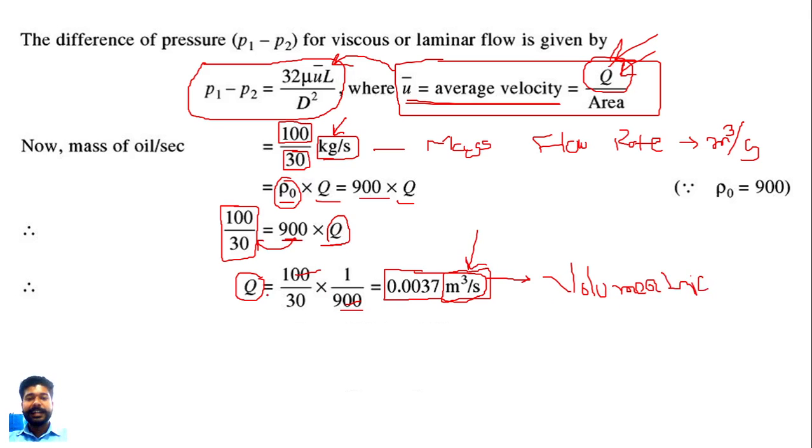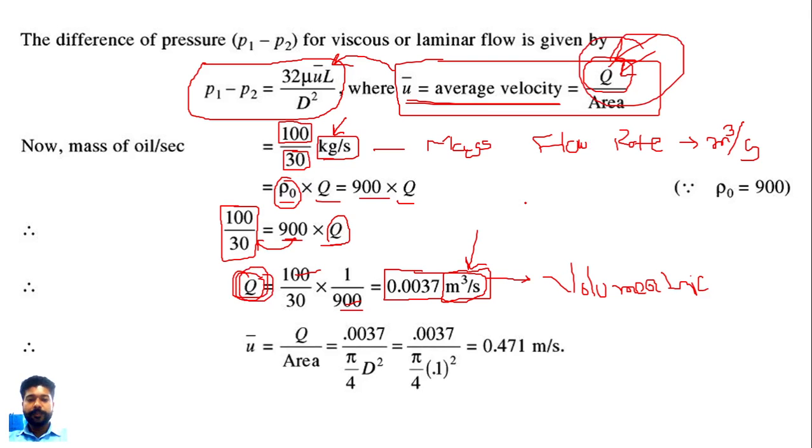So we need this Q over here. Put this Q in that equation, u bar equals Q divided by area, where Q is 0.0037, and the area of a circular pipe is pi by 4 d square, where d is given as 100 mm.